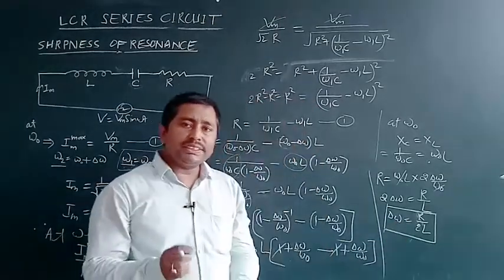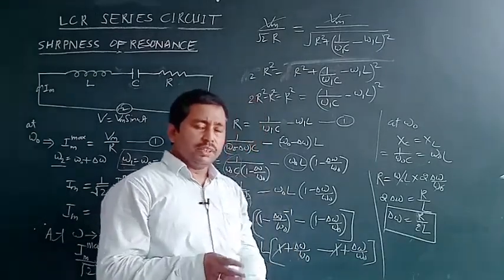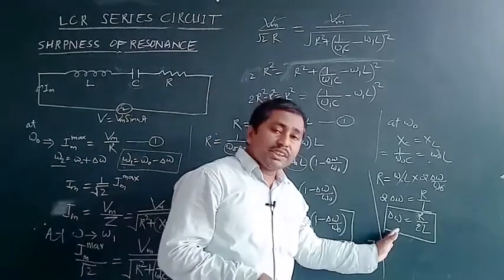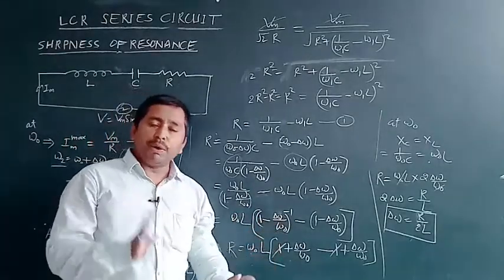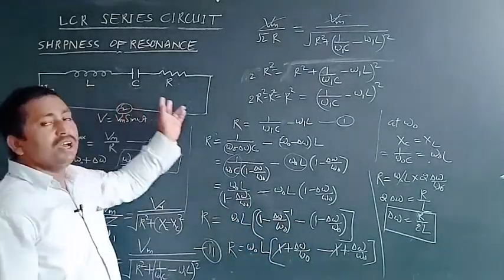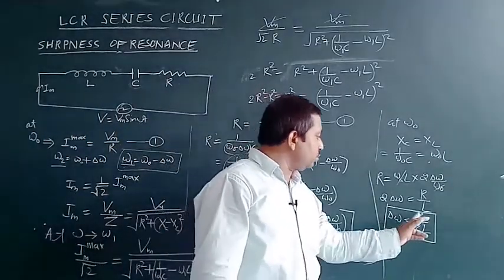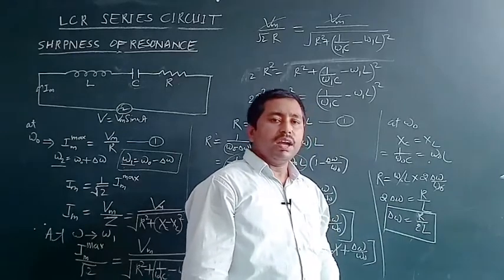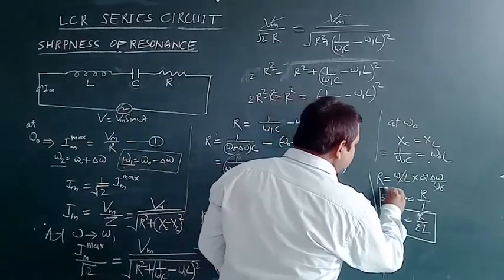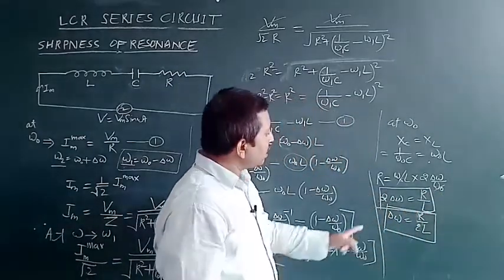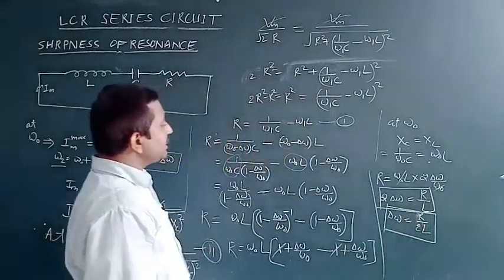So how much we change the value of the frequency from its mean value, that is omega naught, at which the power dissipated across the LCR series circuit becomes half, or the current flowing through the circuit becomes 1 by root 2 times its maximum value, that change in the frequency is equal to R by twice of L. Now the value of twice of delta omega is known as the bandwidth. So the formula for the bandwidth is R by L. Okay, so the formula for the bandwidth is R by L.